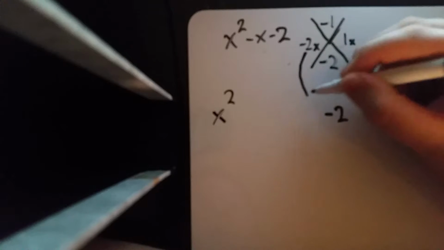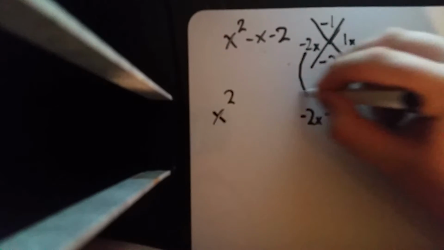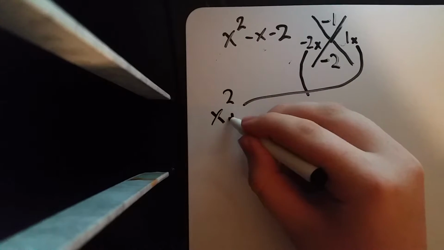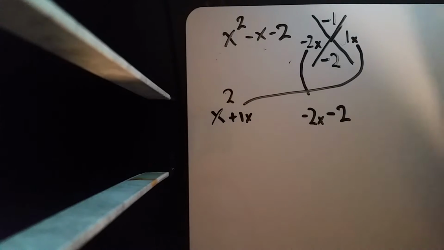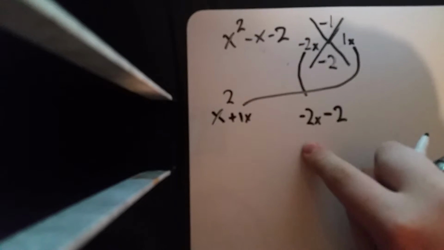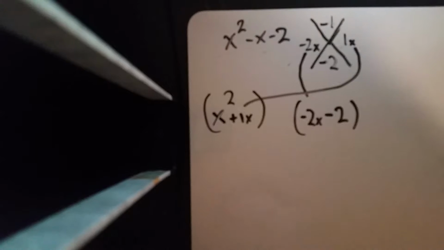So you pair the larger number and the smaller number. So now we're going to find the factors of these two expressions right here, x squared plus 1x and negative 2x minus 2.